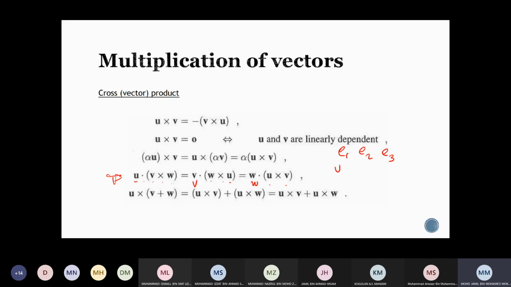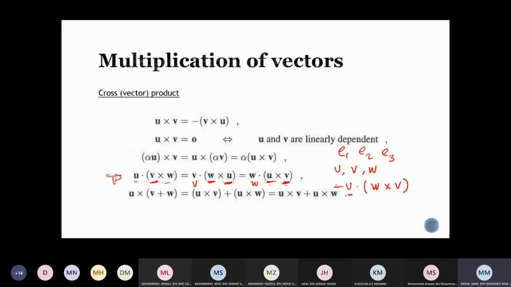So dia punya sequence or urutan dia u v w. So you tak boleh tulis u dot w cross v because selepas u is always v. Okay, so this w cross v dia akan jadi negatif lah kat depan. Okay, so make sure you look at the order. So u v and then w.